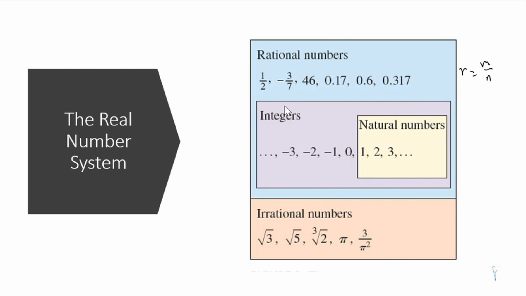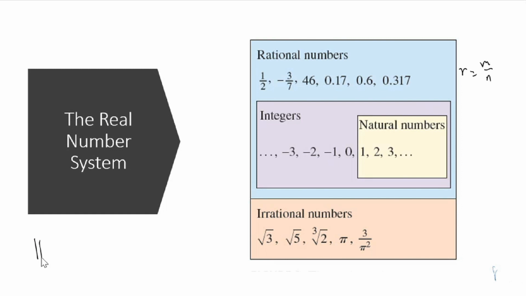numbers. These irrational numbers can be shown with varying degrees of difficulty, such as the square root of 3, the square root of 5, the cube root of 2, the value of pi, and the last example, 3 over pi squared. Those are examples of irrational numbers. The set of all real numbers is usually denoted by this symbol.